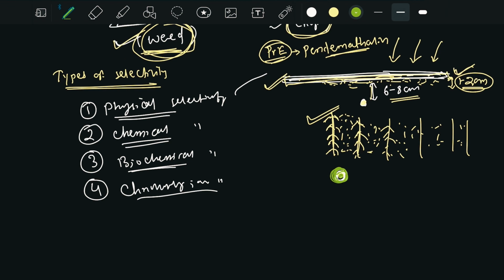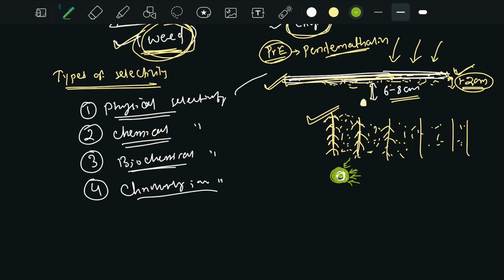Activated charcoal is generally used by people for face masks. What is the role of activated charcoal? When it is used as a face mask, it traps or absorbs the pollutants from your skin. So here if we are coating the seed with activated charcoal, suppose we apply herbicide after coating, we have sown the seed and there is exposure of this seed to herbicide.